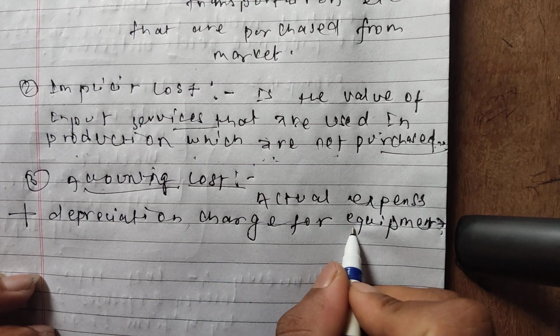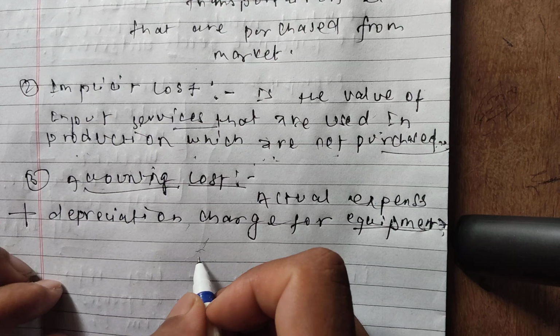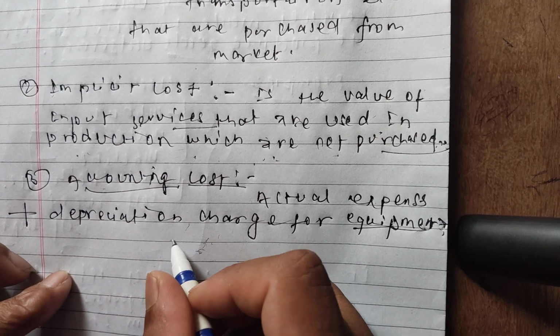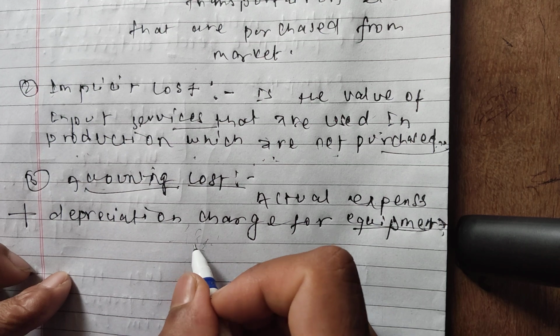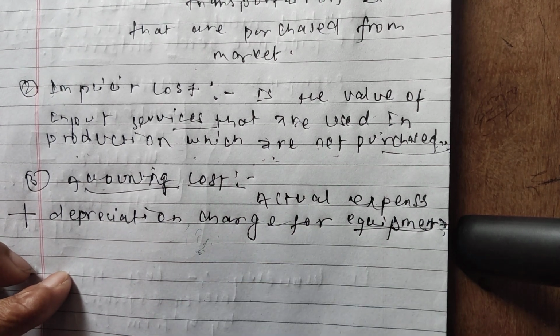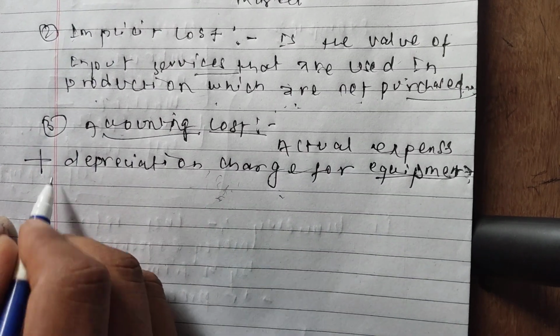So that equipment value will decrease day by day. The decreasing values plus actual expenses is the accounting cost.